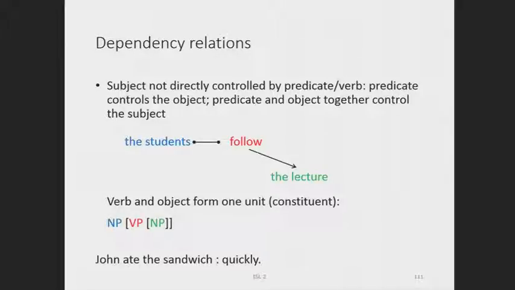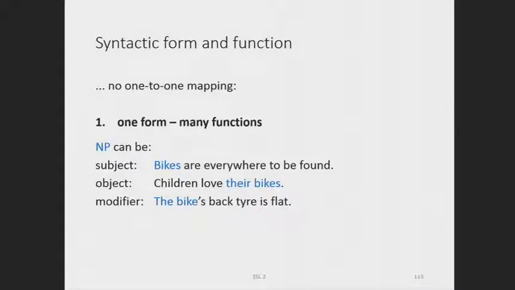I can have John ate the sandwich quickly, but I cannot really have John ate quickly the sandwich, right? Also, they tend to move together. So if you apply the different constituency tests, you can also see that ate the sandwich is what John did. What did John do? Ate the sandwich. They stick together, but to really have something in between there is tricky.